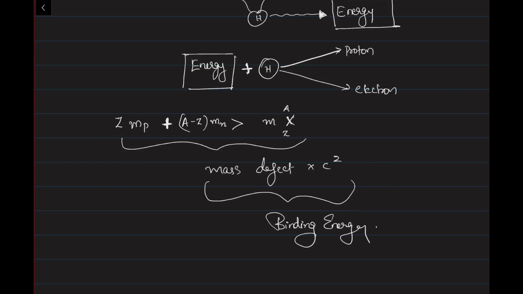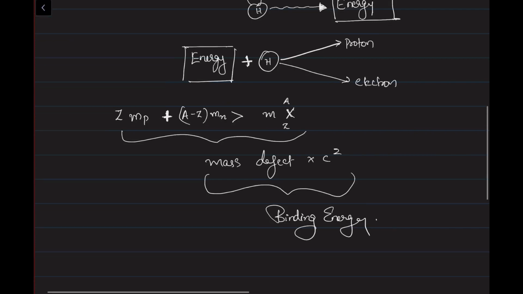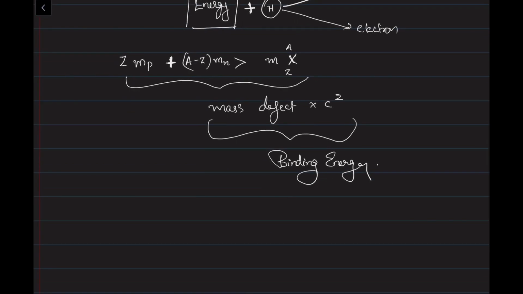There is a difference in the mass between the reactant particles and the product particle. Some mass is getting reduced, and that reduced mass, which we call mass defect, is getting converted to binding energy.